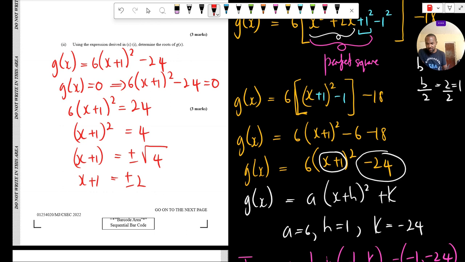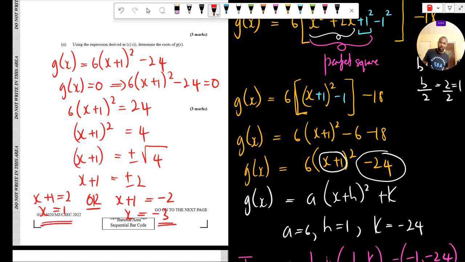We take turns and solve for x. In one case, x + 1 equals 2, which means x is equal to 1. Or x + 1 equals -2, which means x is equal to -3. And therefore, these are our roots of g(x).